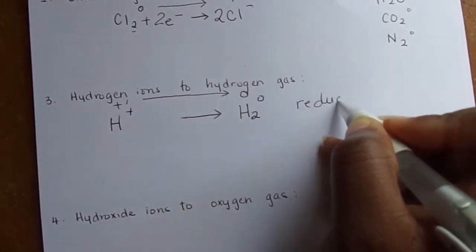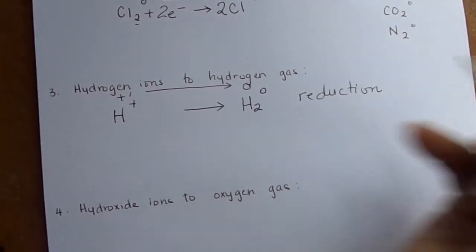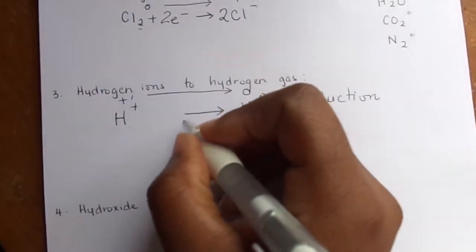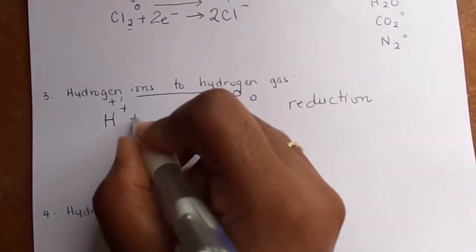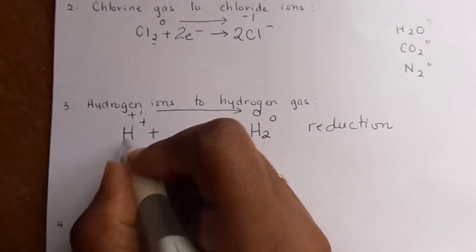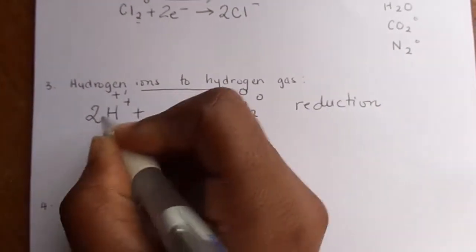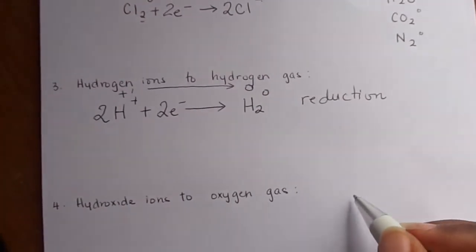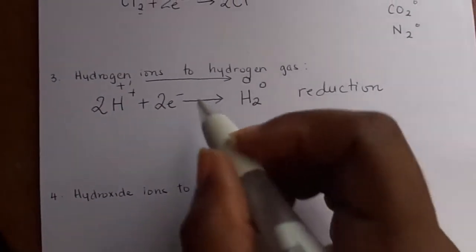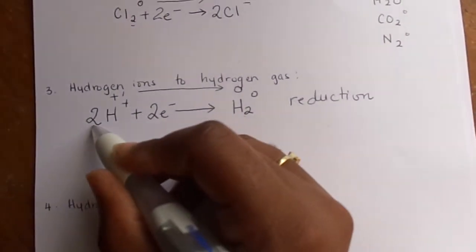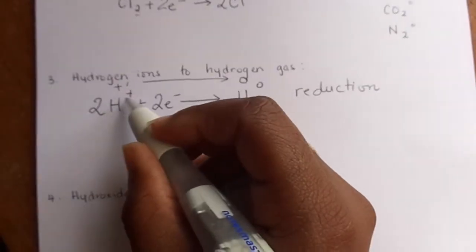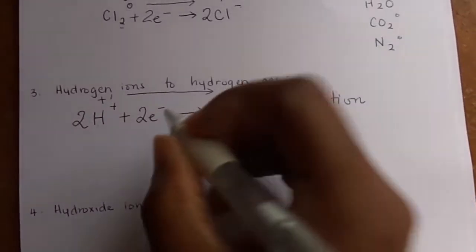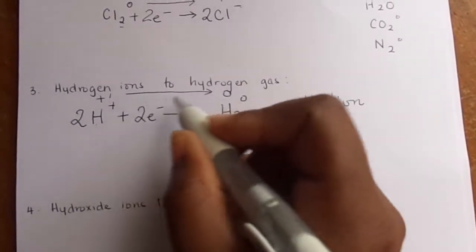Since reduction is the gain of electrons, we're going to add. We have 2 atoms, so we put 2 here and we have to account for the 2 atoms over here. Since we have 2 times plus, we're going to have 2 times e minus, 2 electrons.